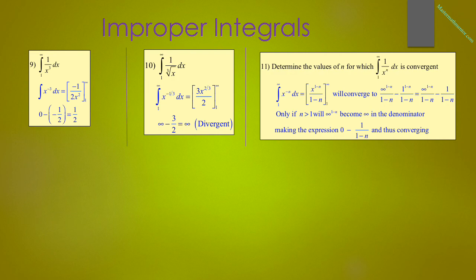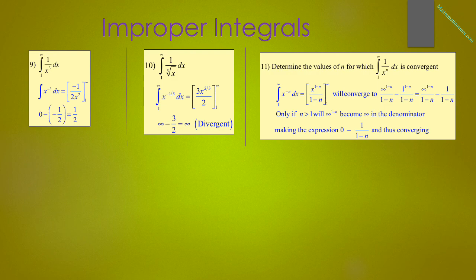When we plug in infinity and 1, we find infinity to the 1 minus n over 1 minus n, minus 1 to the 1 minus n over 1 minus n. And in the last fraction, 1 to any power is 1. So this simply becomes infinity to the 1 minus n over 1 minus n, minus 1 over 1 minus n.